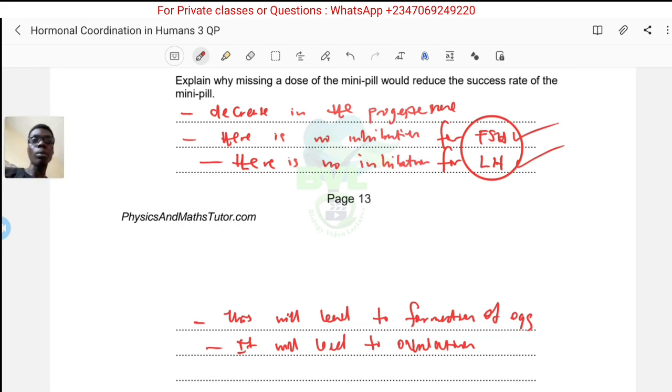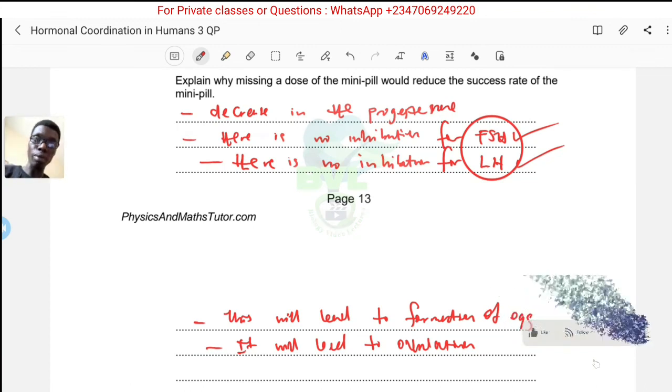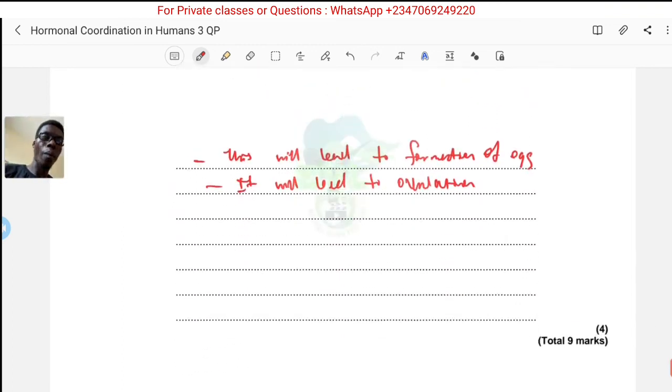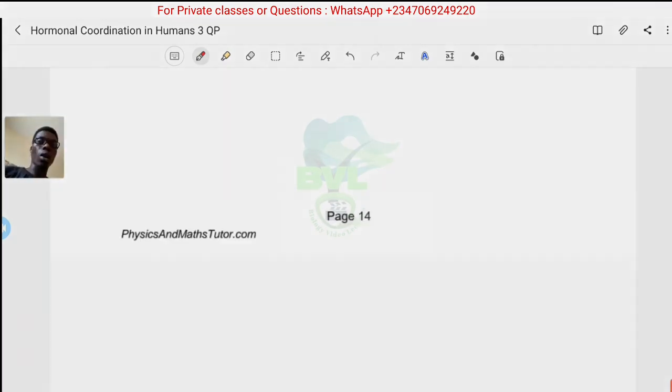When follicles are not formed, LH will not be available, it is suppressed or inhibited. When there's no LH, there won't be ovulation. And when there's no ovulation, the woman cannot get pregnant. So you might want to rewind the video if you need to hear that part again, so to say. All right.